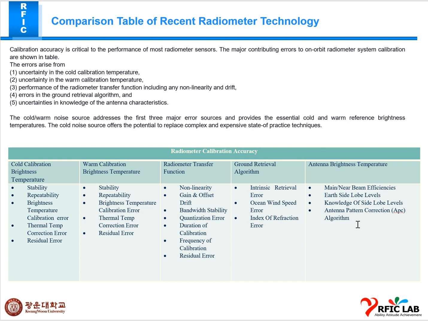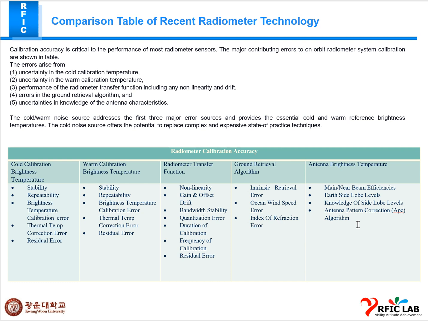It has uncertainty in cold calibration temperature, uncertainty in warm calibration temperature, the performance of radiometer transfer functions, any non-linearity and drift, error in ground retrieval algorithm, and uncertainty in knowledge of antenna characteristics.